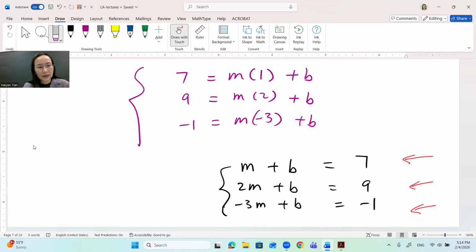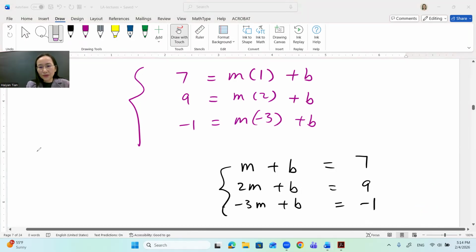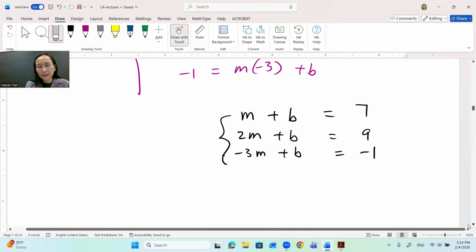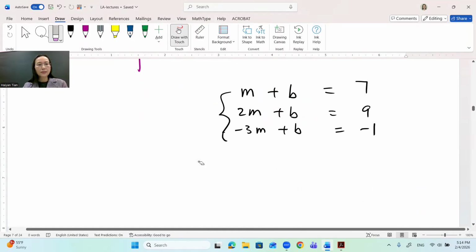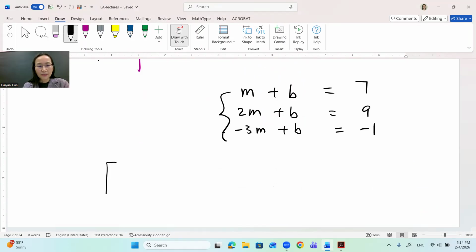So let's solve it. Again, use the augmented matrix, which is 1, 1, 7, 2, 1, 9, -3, 1, -1.